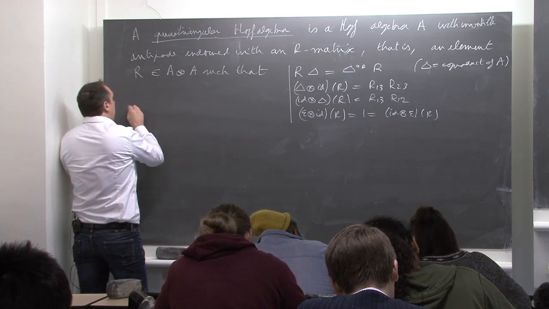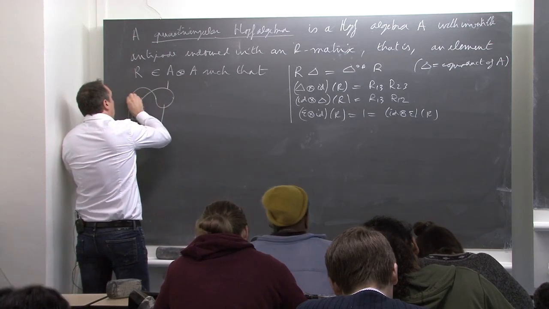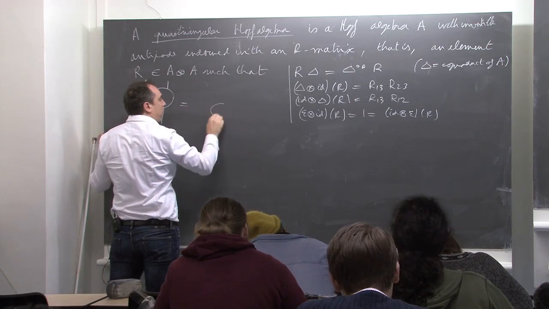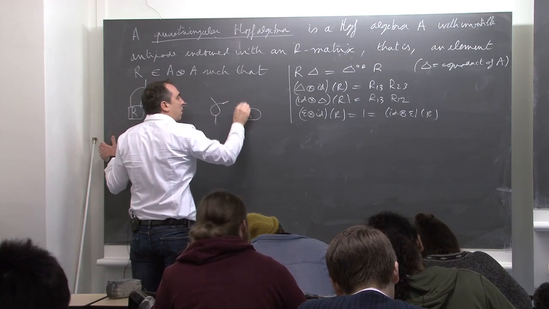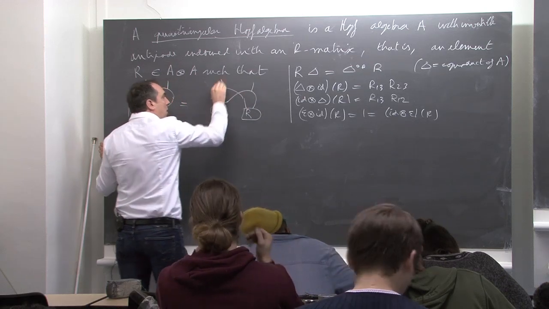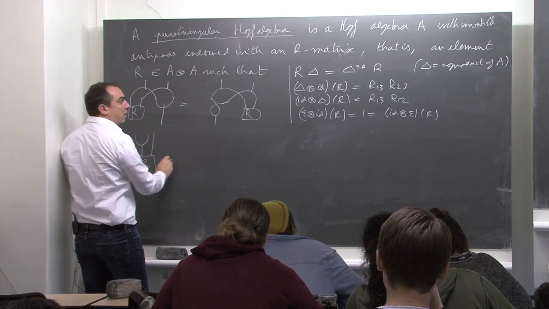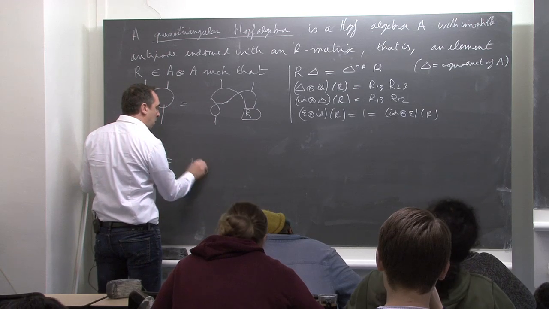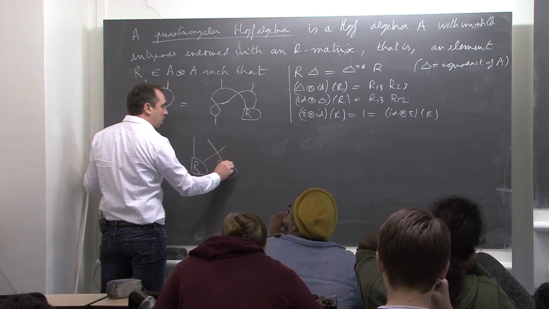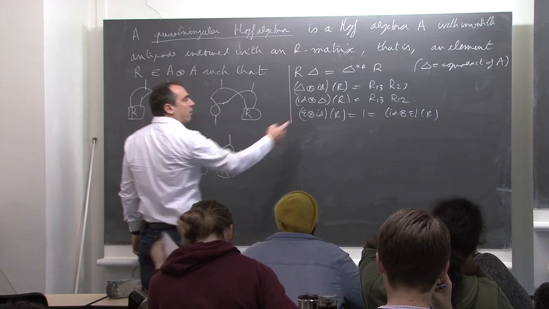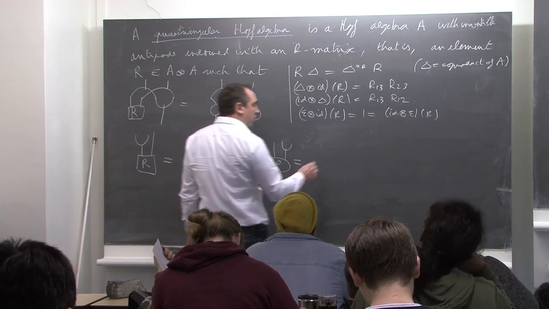The first one is, if I multiply R with delta, it is, first I use the opposite of delta and multiply by this R. Now, if I have this R and then the coproduct, then this axiom is R13, R23.